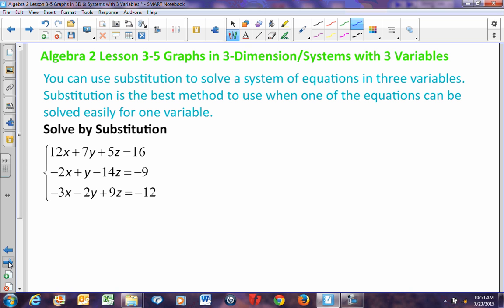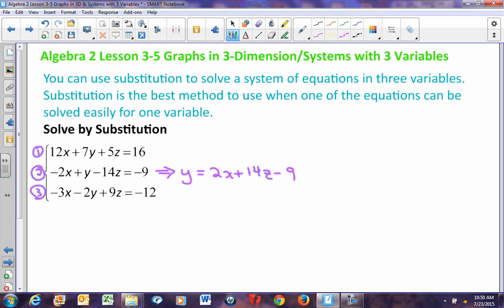You can also use substitution. Substitution is the best method to use when one of the variables can be easily solved for in terms of the others. If we look at this one, 12x plus 7y plus 5z equals 16, 2x minus y plus 14z equals 9, negative 3x minus 2y plus 9z equals negative 12. Looking at equation number 2, it seems the most feasible here, because I can already solve it for y. If I solve this equation for y, y would equal 2x plus 14z minus 9.